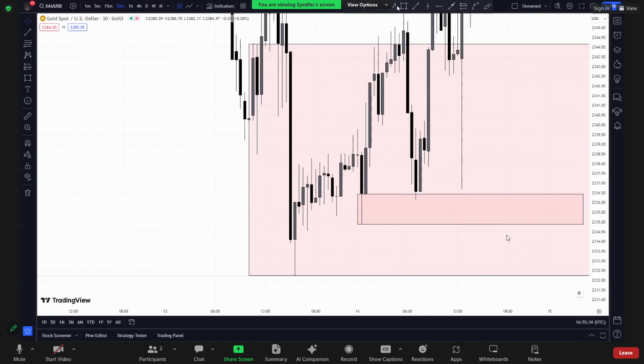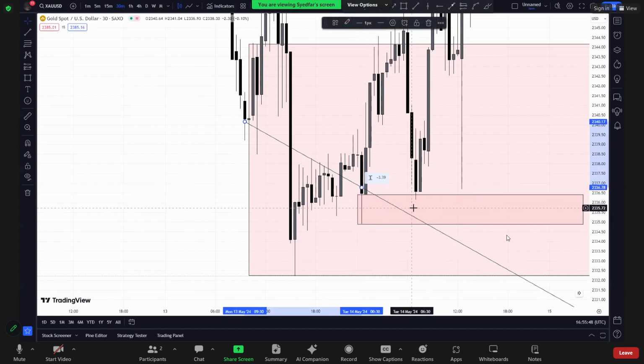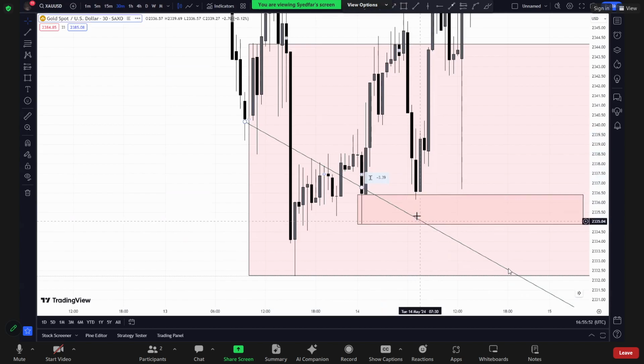So basically, this trend line is our confirmation. Our expectation is if price comes into this zone, price will only float until the trend line. Let's say we already entered here, our expectation is price will only float until this trend line.